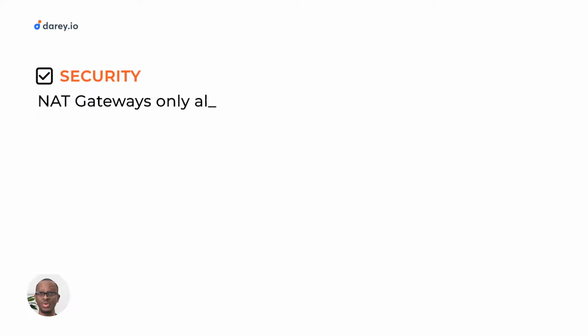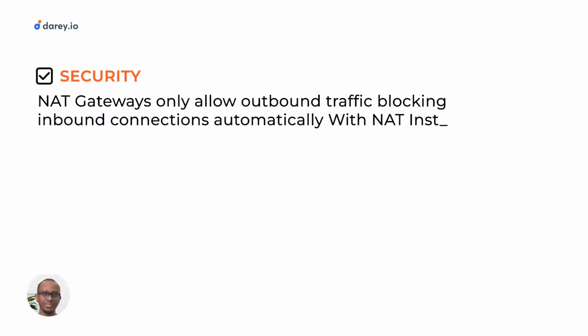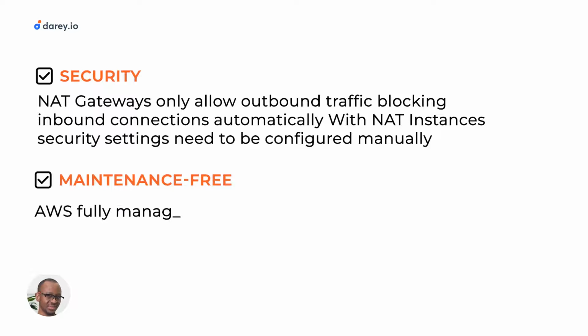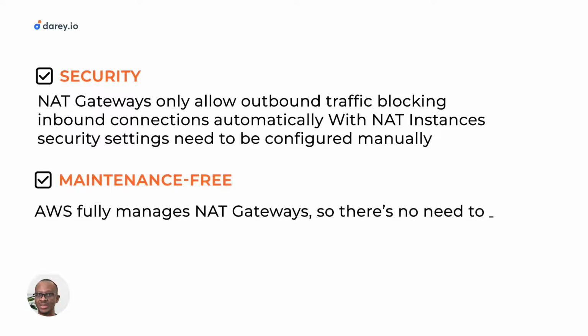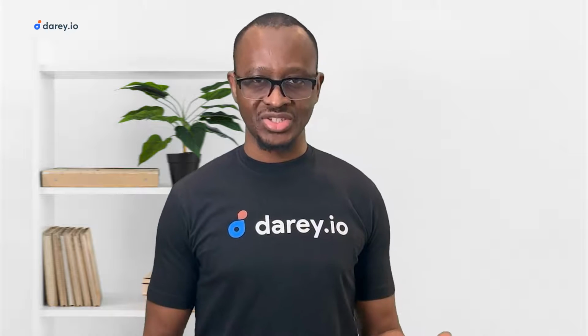NAT gateways only allow outbound traffic, blocking inbound connections automatically. With NAT instances, security settings need to be configured manually. Maintenance-free. AWS fully manages NAT gateways, so there's no need to worry about updates or patches, unlike NAT instances. Because of these advantages, NAT gateways are the recommended solution in modern AWS environments.